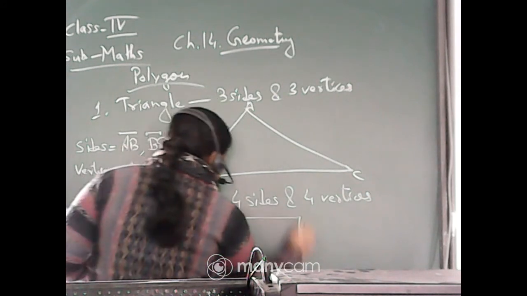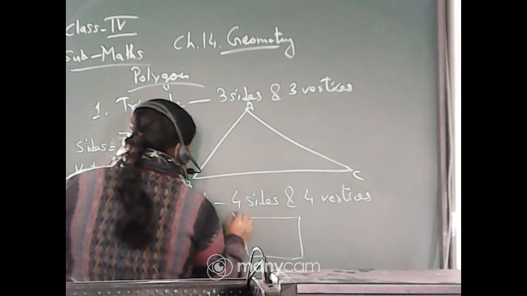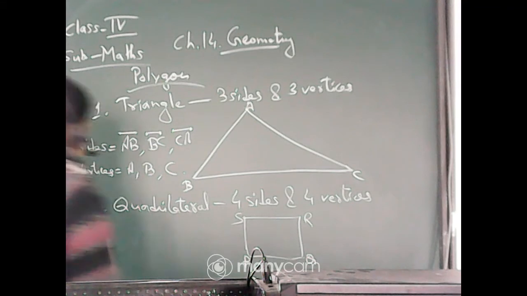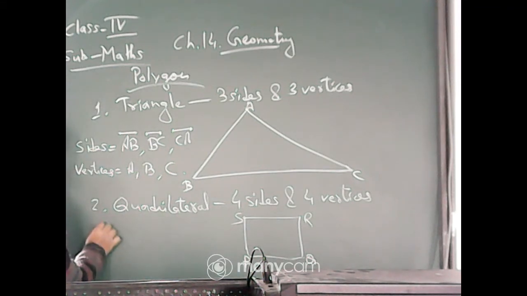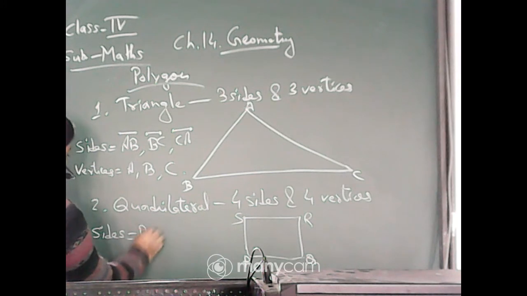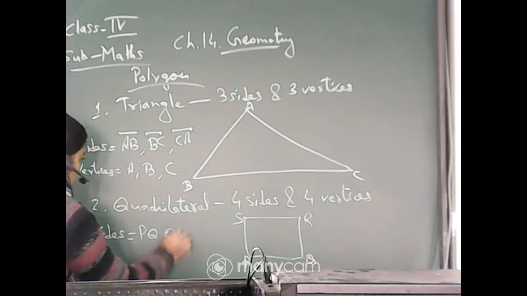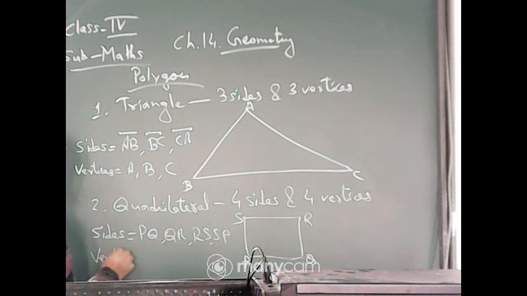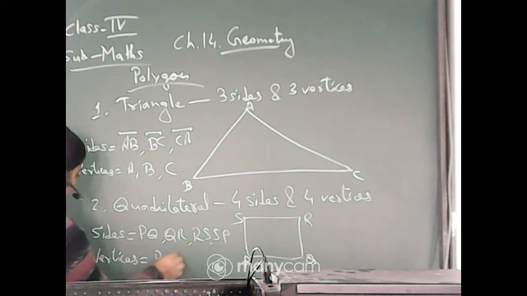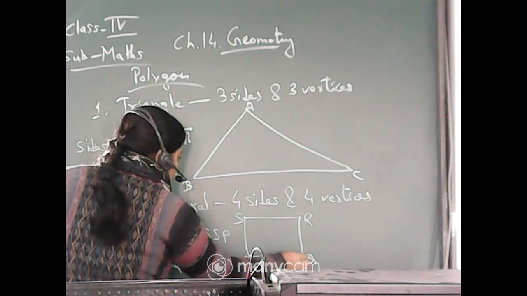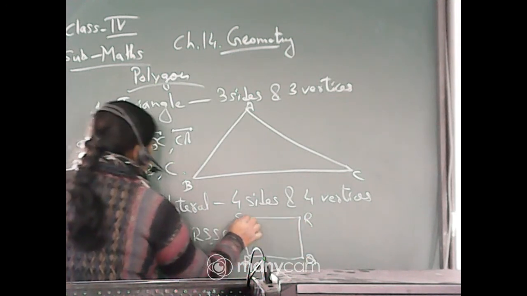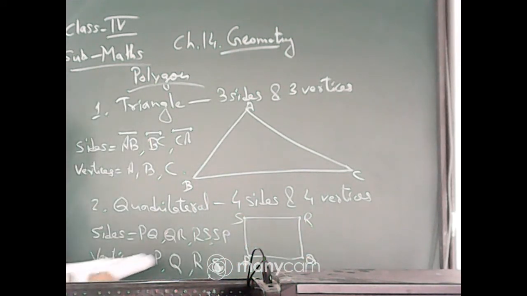Suppose I am drawing like this and naming it P, Q, R, S. The sides are PQ, QR, RS, and SP, and the vertices are P, Q, R, S. These are the 4 vertices, 1, 2, 3, and 4, and the sides are 1, 2, 3, and 4 sides. Clear? So that's why it is called a quadrilateral.